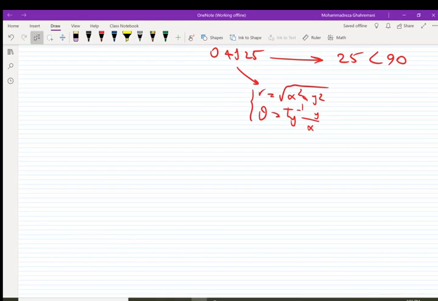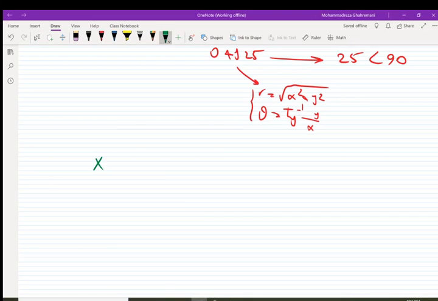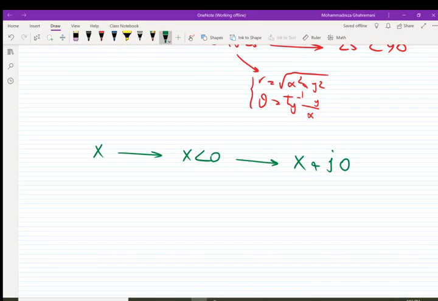And before moving to the capacitor, again, I want to show you some shortcuts. I said that if the number is a real number, we can simply say it's x with the angle of 0, or we can say it's x plus j0. If we have a number like jy, let me just write it.